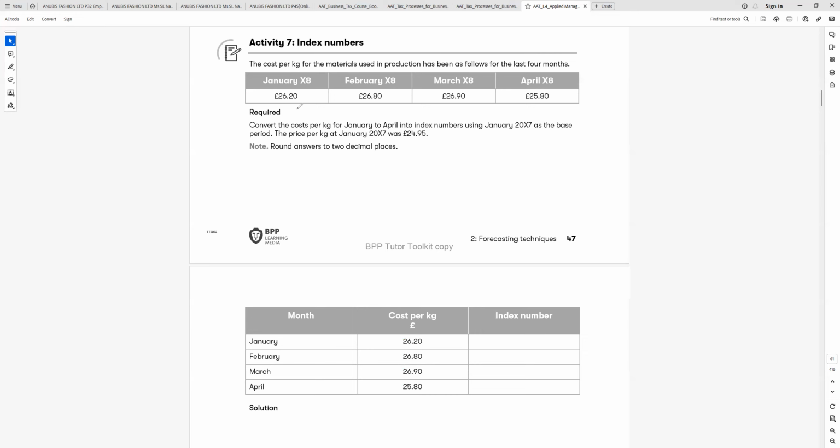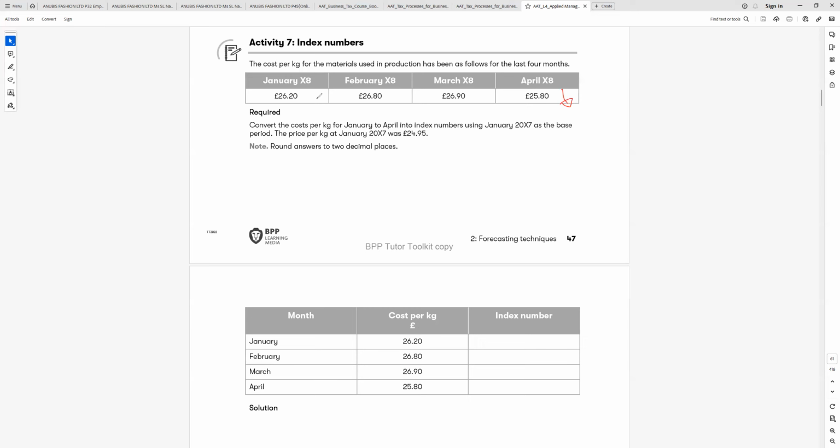So for the last 4 months, in January we have 26.20, February 26.8, and 26.90 and 25.80. So in April it is going down. From January, February is increasing, March also increasing, and April is going down, okay? You can convert the cost per kg for January to April into index numbers using January 2007 as the base period.